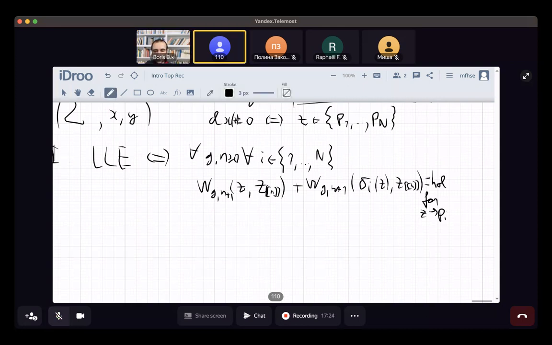Okay, and now the same regarding the QLE, the quadratic loop equations.